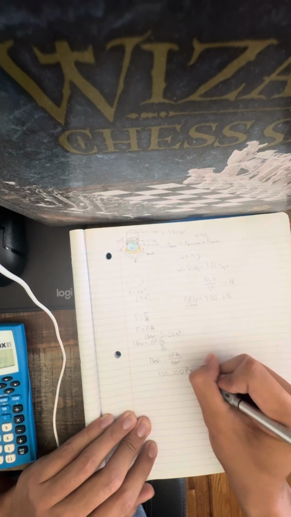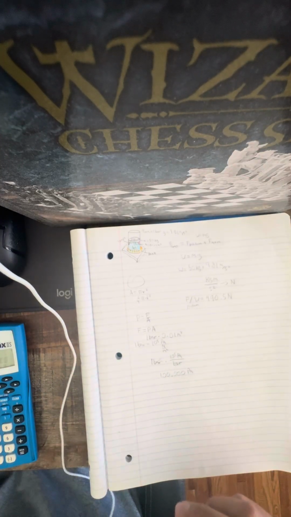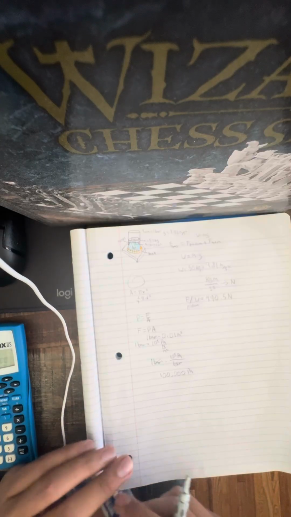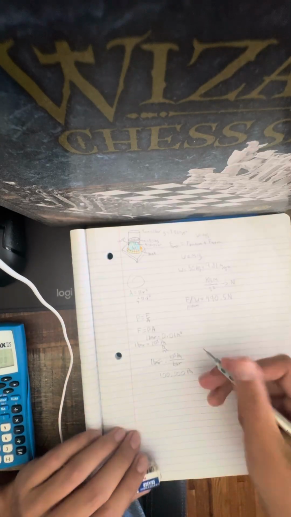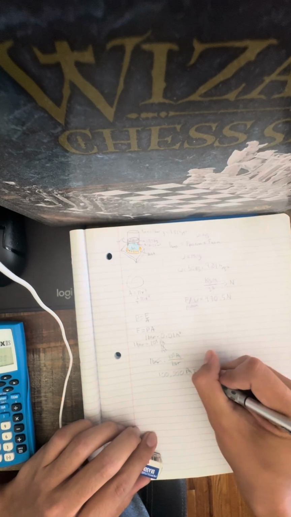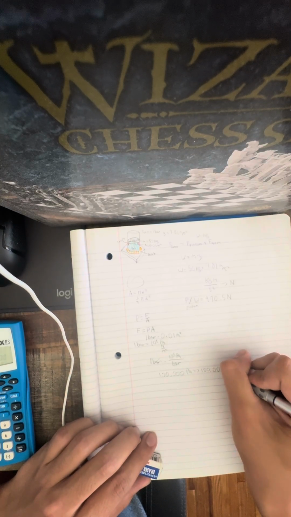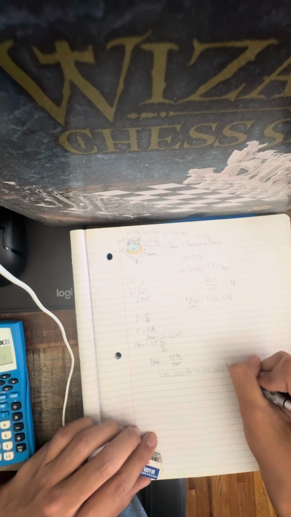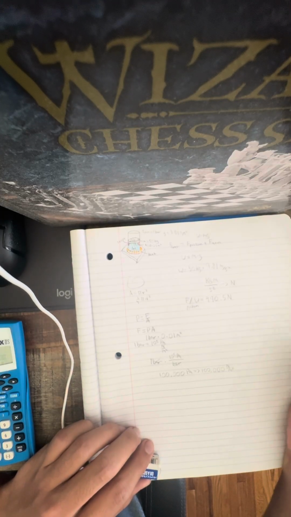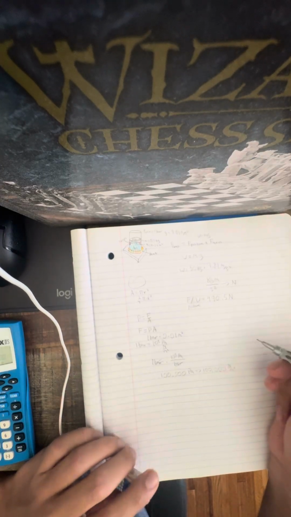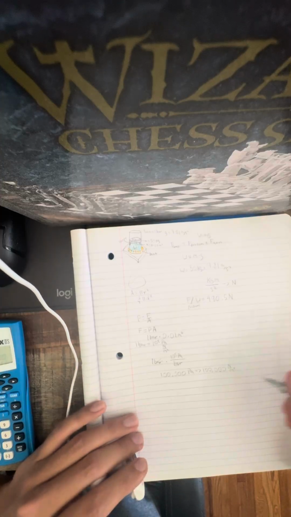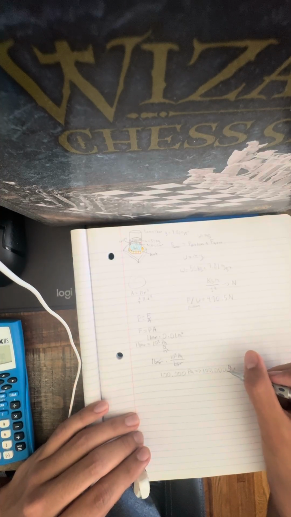So we have Pascal, which is just converted to 100,000 Newton over meter squared. Sorry if any of my words confused you prior, but this is our pressure.